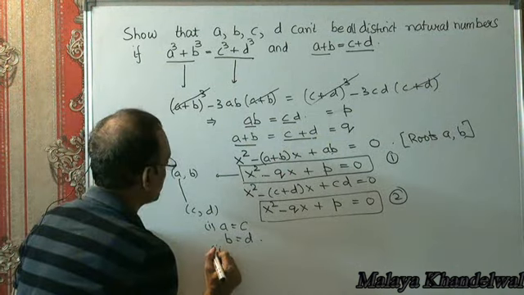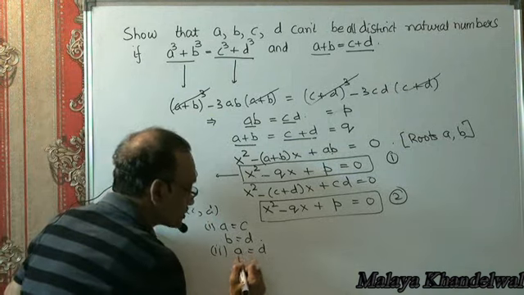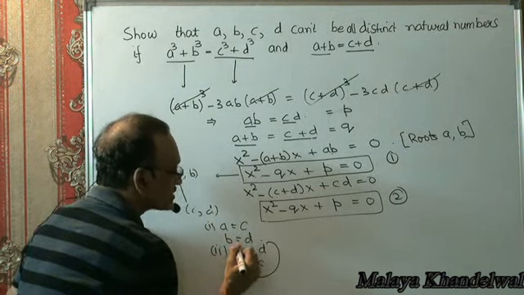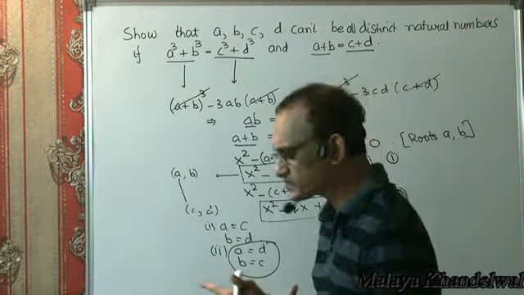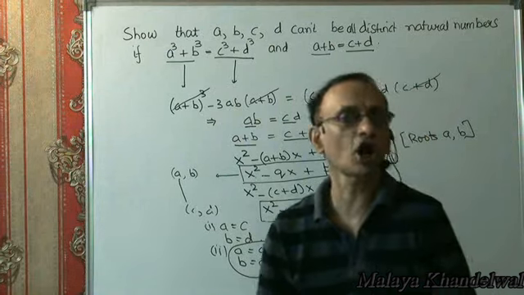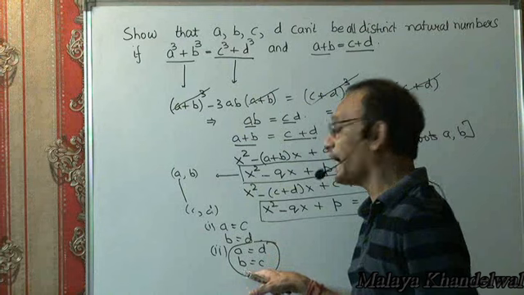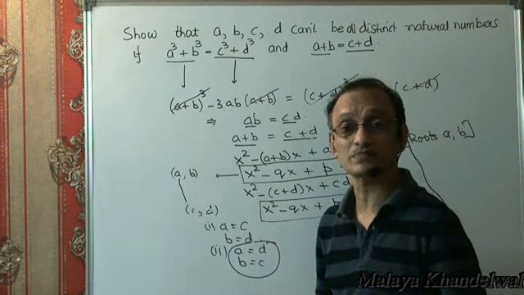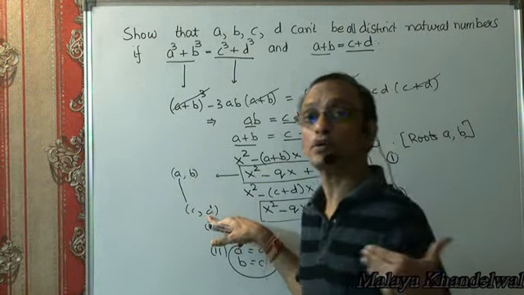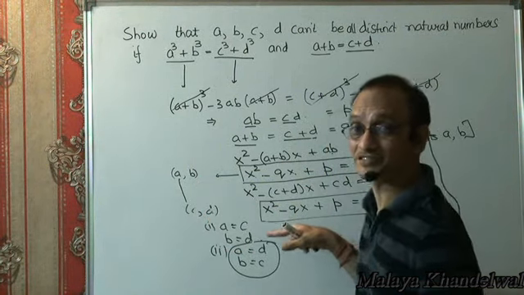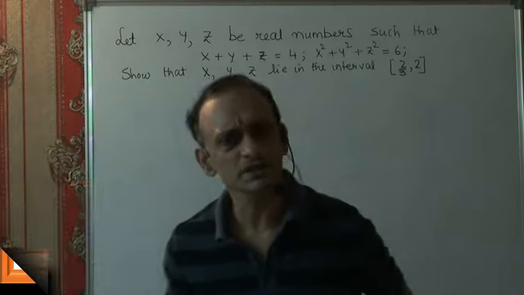Or the second possibility is A equal to D and B equal to C. Once again they are not all distinct, which means A, B, C, D are not all different. We will have either A equal to C and B equal to D, or A equal to D and B equal to C. These are the only possibilities, and they are not different because AB and CD are the roots of the same quadratic equation and therefore they can't be different at all. Yes or no?